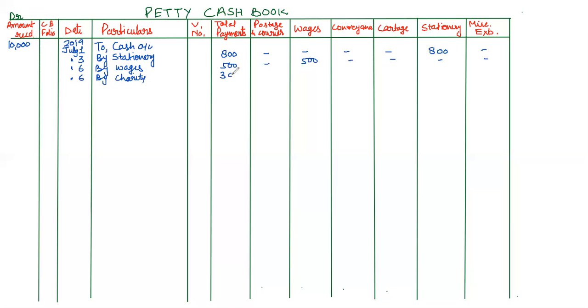So first of all we will write 300 rupees in the total payment column, and now you can see we do not have any separate column for this, so 300 rupees charity will come in the miscellaneous expenses column. Okay, getting it?